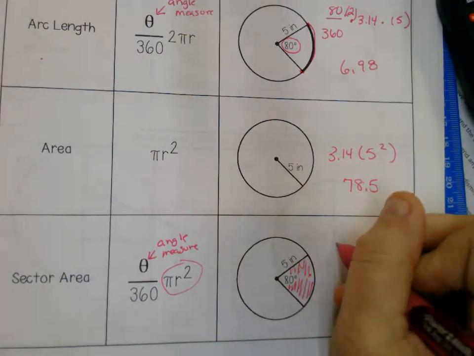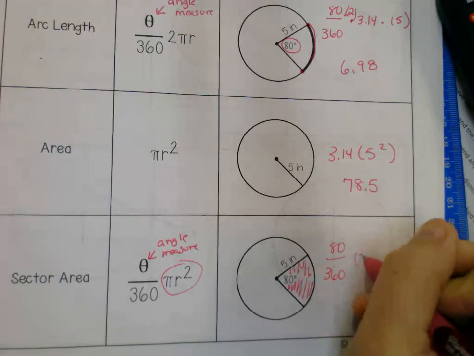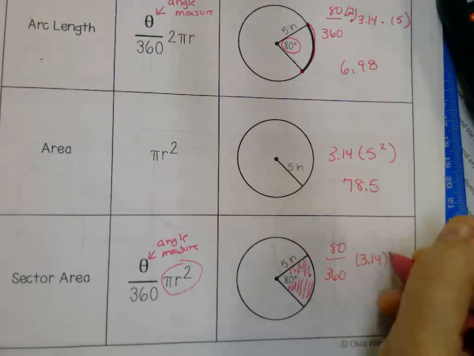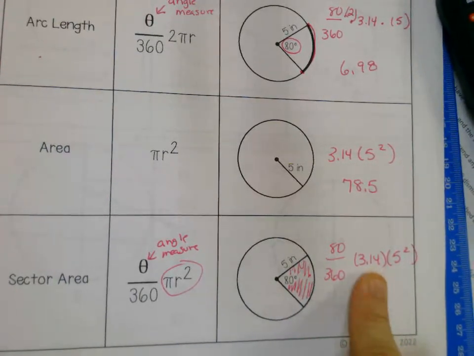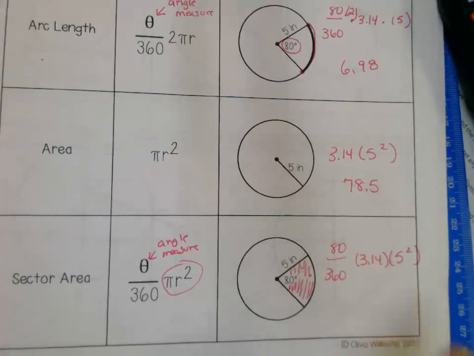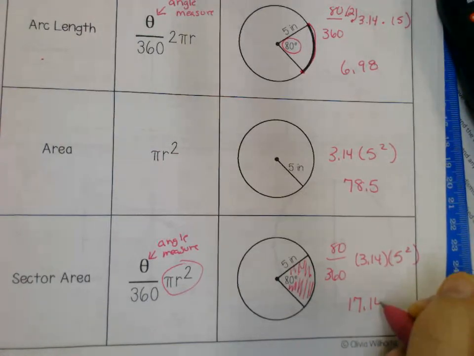You're going to do 80 over 360 times pi times my radius squared. So 80 over 360 times 3.14 times 5 squared. And that's going to give you 17.44.